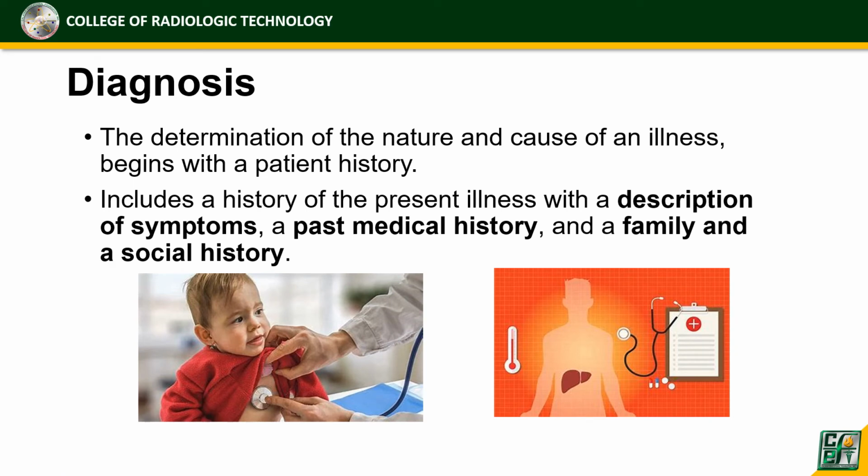Next, after discussing diseases and the classification of diseases, now we move to diagnosis. So diagnosis is the determination of the nature and cause of a disease. And this usually begins with the patient's history.